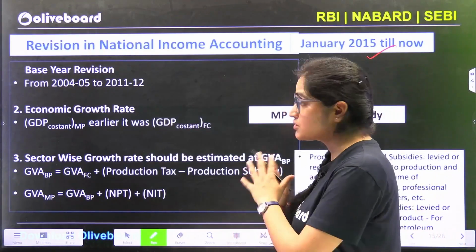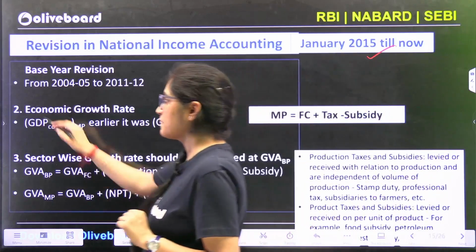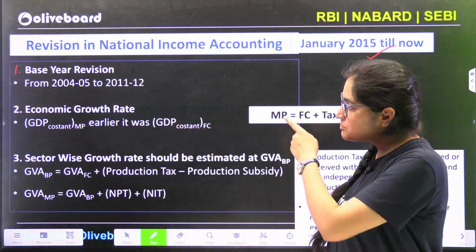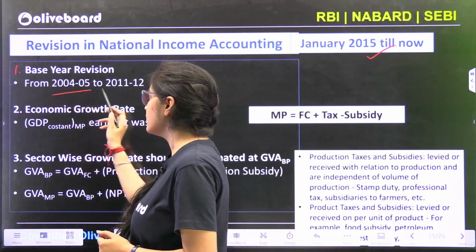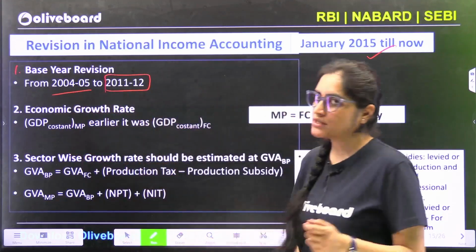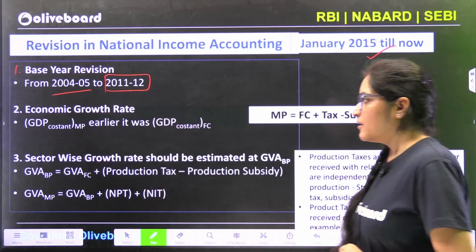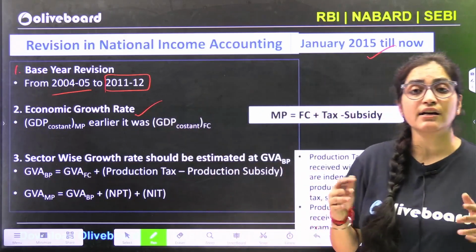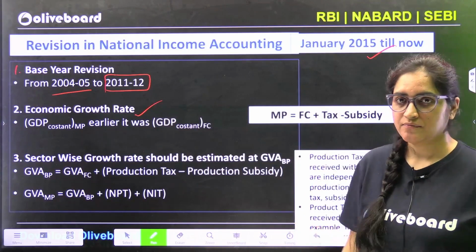If I tell you about this revision, there were 4 changes that were made. The first change was the base year revision. Earlier, the base year was 2004-05, then it was changed to 2011-12. After that, the methodology for calculating economic growth was tweaked a little bit.